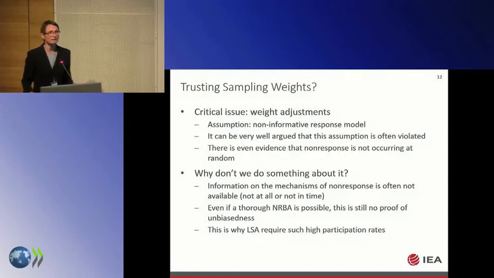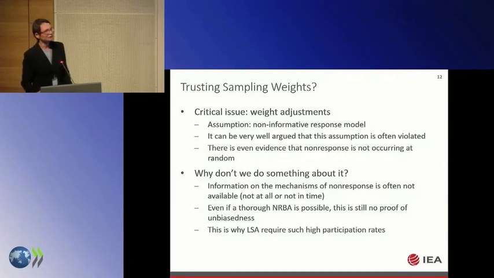So the question that arises from that is, why don't we do something about it? And here we have really a problem. Again, there's a problem with timing. So we get the data back, we compute all the weights and the weight adjustments, we compute the participation rates, and a couple of weeks later, the reports should be out. So once we notice there is low participation rates, then we would have to ask the countries to provide us with some information about the non-respondents.